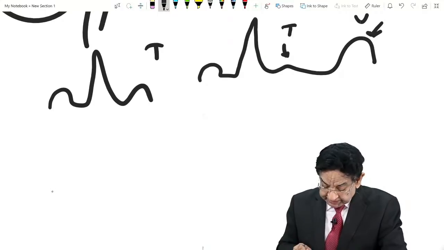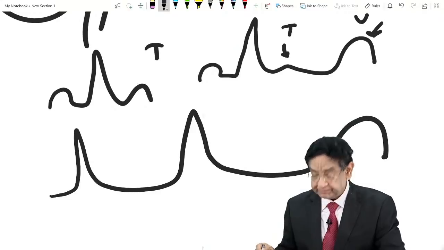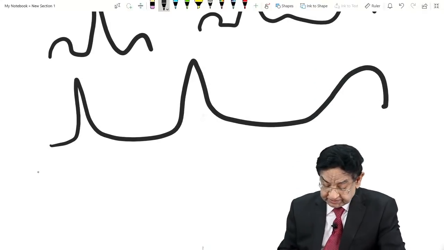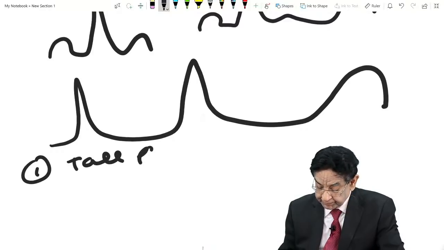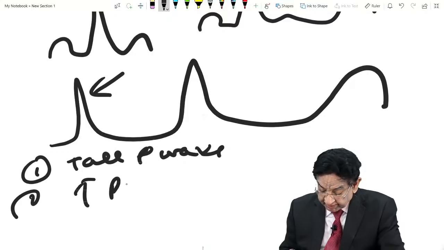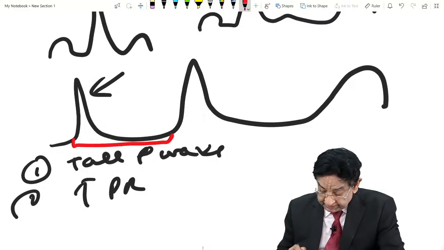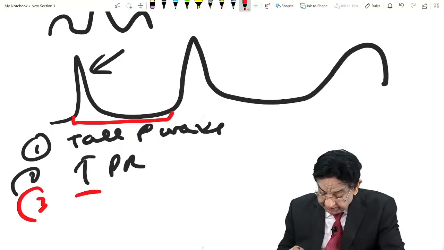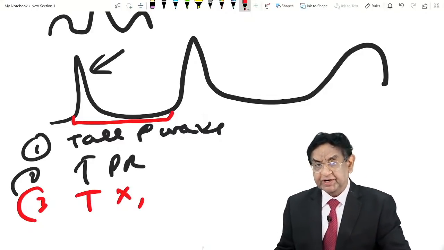In the advanced stages, tall P wave, prolonged PR interval, then T may disappear or may become flat, or sometimes it may become inverted also.